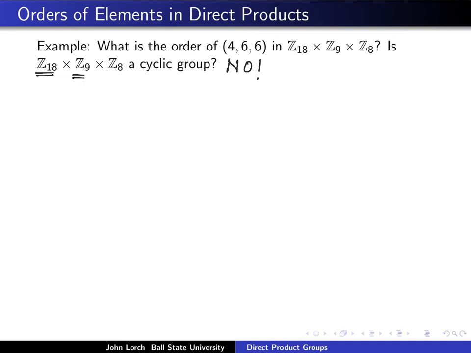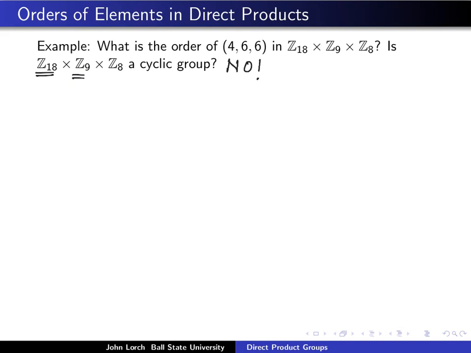And that leaves us to the first part of the question, where we're supposed to compute the order of this element, right? Now, we could go back to what we were doing a few slides ago and just successively take multiples of 4, 6, 6, and wait until we wind up with the identity.